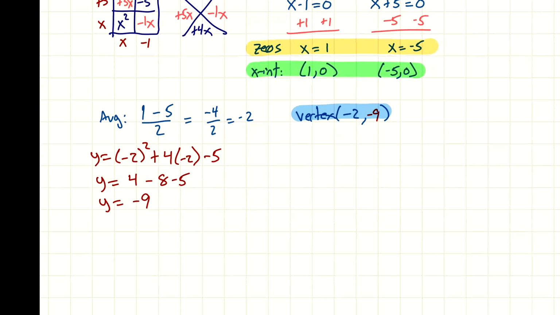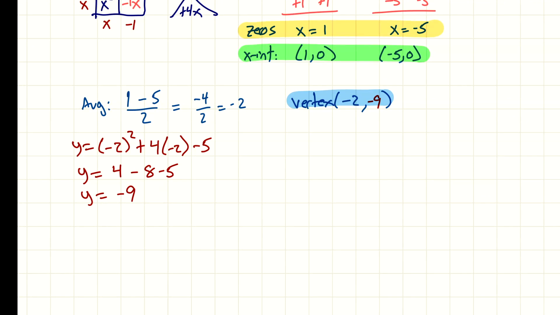And so I have enough points to sketch this. So negative 2, negative 9. All right, this is going to be a sketch, meaning I'm not going to necessarily count. All I know is I have a negative number, and I'm just going to call this negative 5.